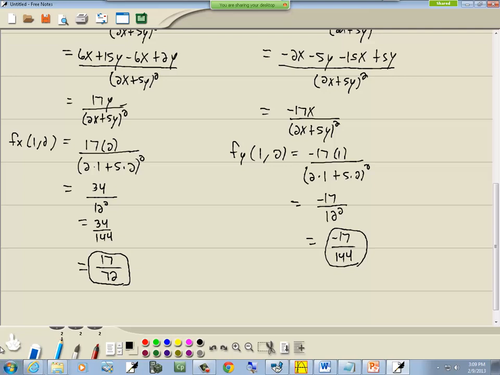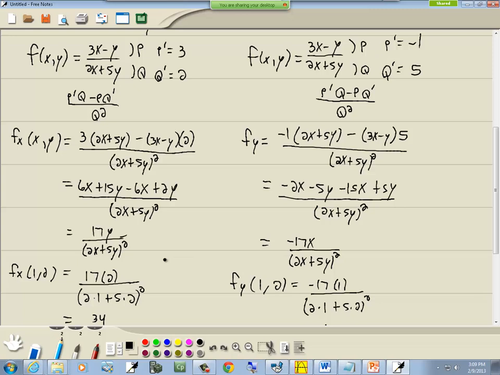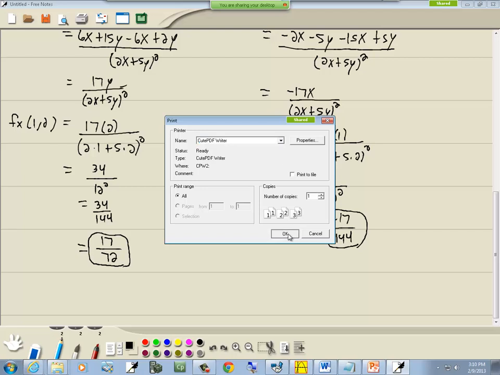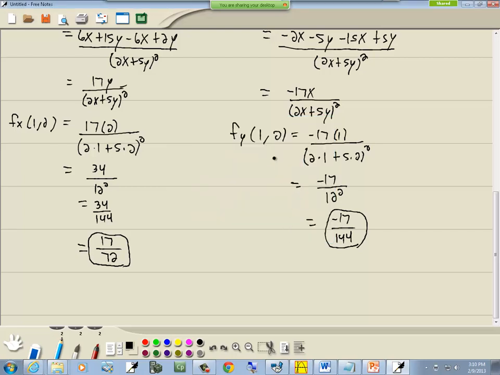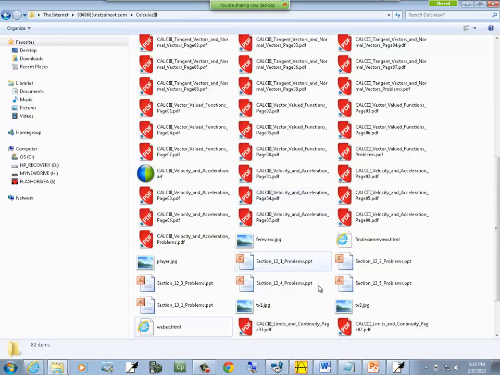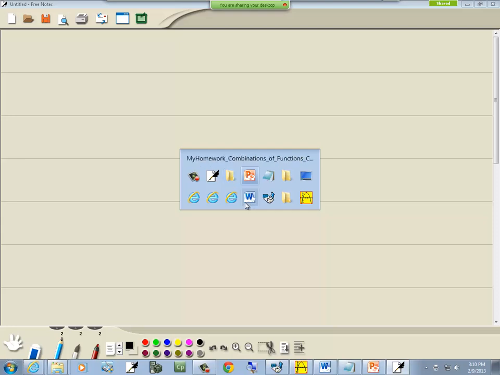Assuming no basic math error, go up and take a quick look at it. Yeah, it looks right. So let me save that, and let's look at the next problem.